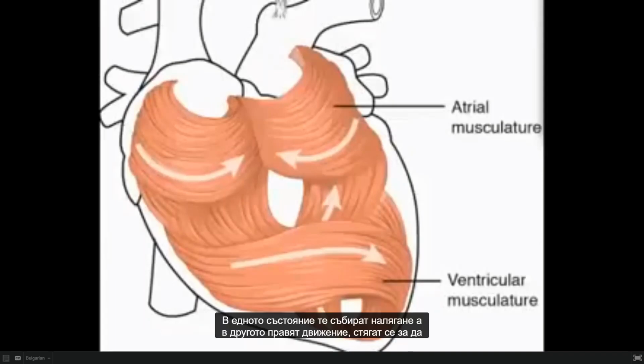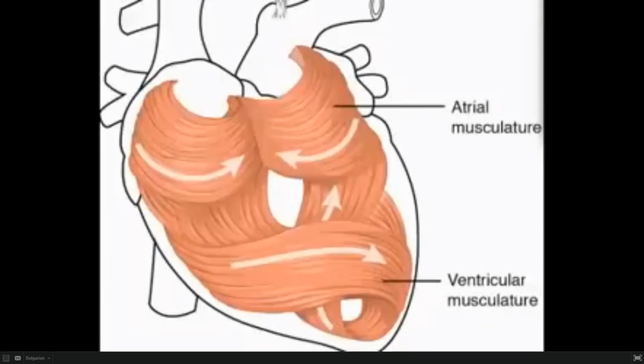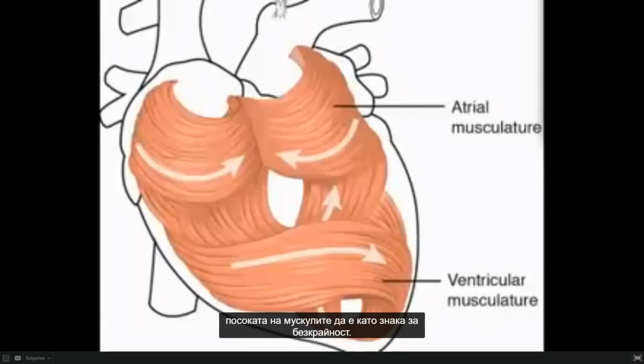In one state, they collect pressure, in the other state, they make a move. They contract to pump the blood. But it is a really good picture to show how nature makes the direction of muscle like infinity.